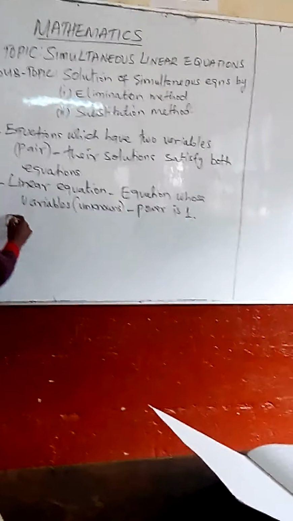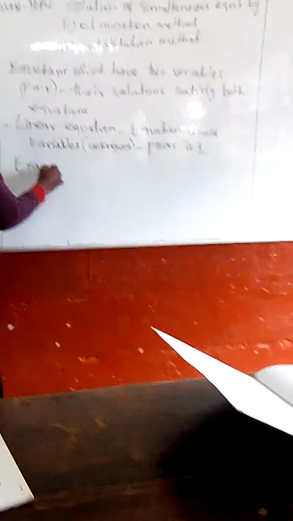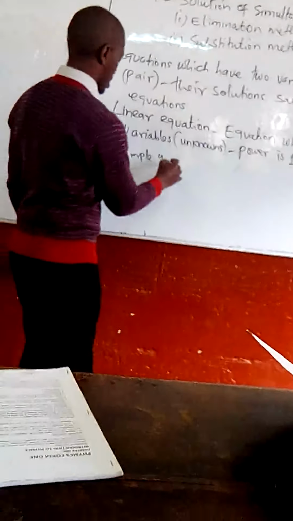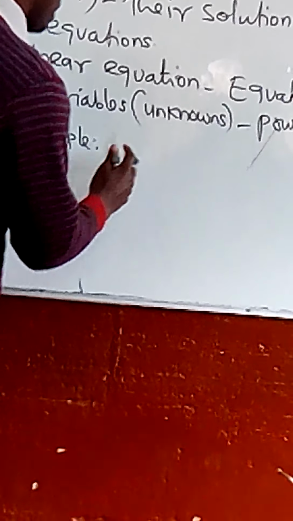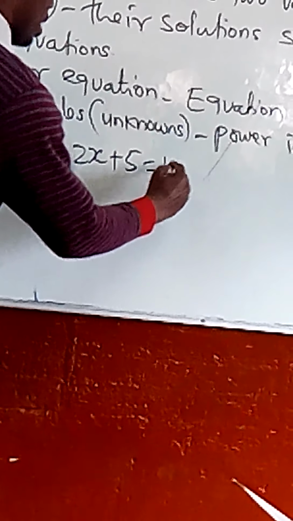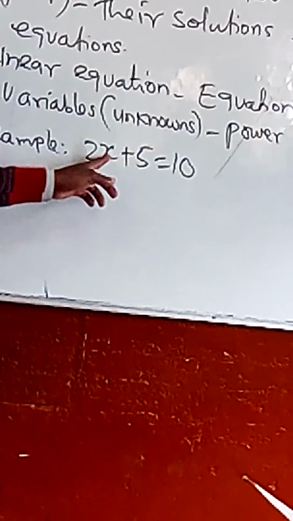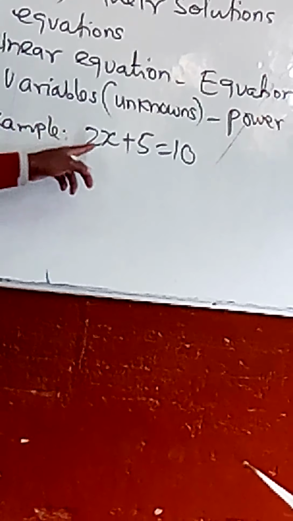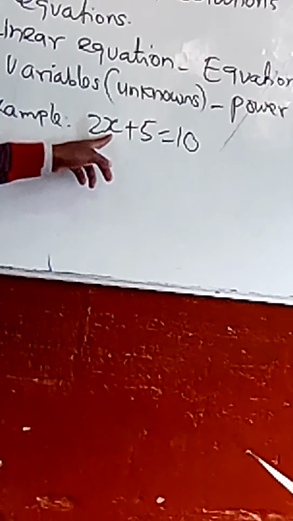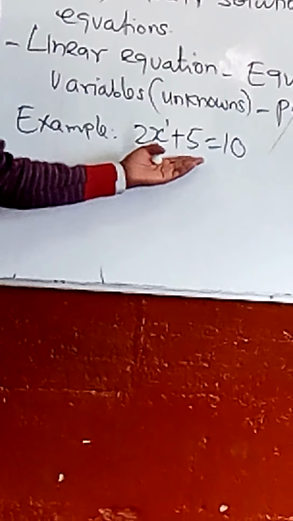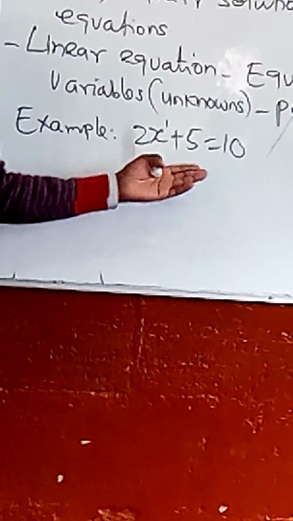Example. An example of a linear equation is 2x plus 5 is 10. If you look at the power of the unknown or the variable x, this power is 1. So this is an example of a linear equation.